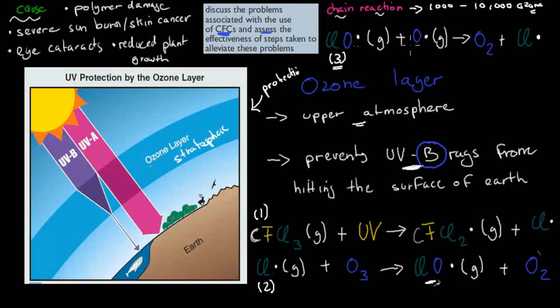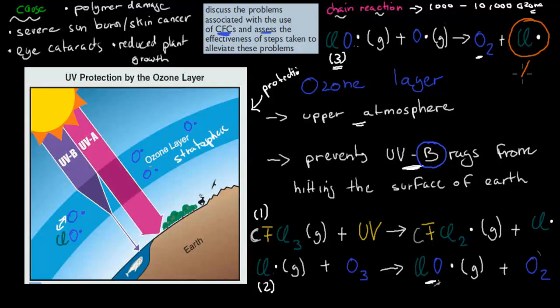So this won't cause any major problems for ozone by itself. But because, just like we have in the ozone layer, we have some random oxygen radicals floating around. We'll always have them, especially because there's lots of UV radiation which will make them. So we're going to have these there as well. Once the chlorine oxygen radical forms in the second step, it will be here. When these two meet, when they combine, we're going to have normal oxygen being formed, but we're going to have our problematic chlorine radical forming again.